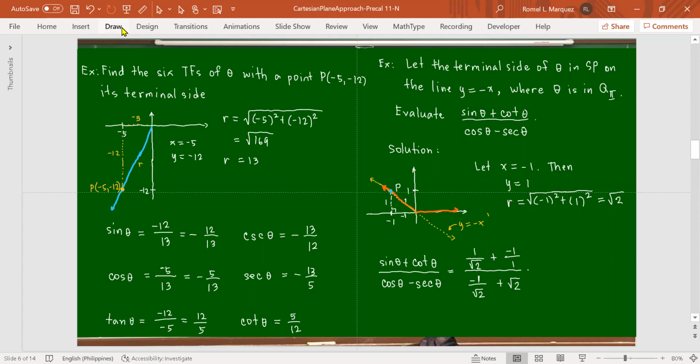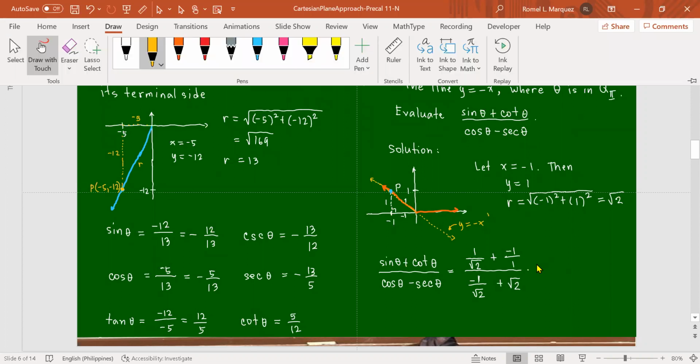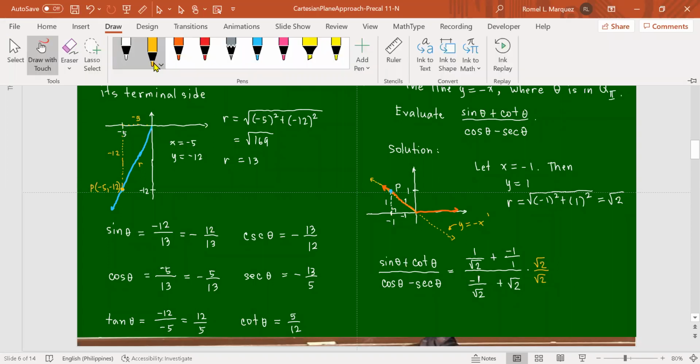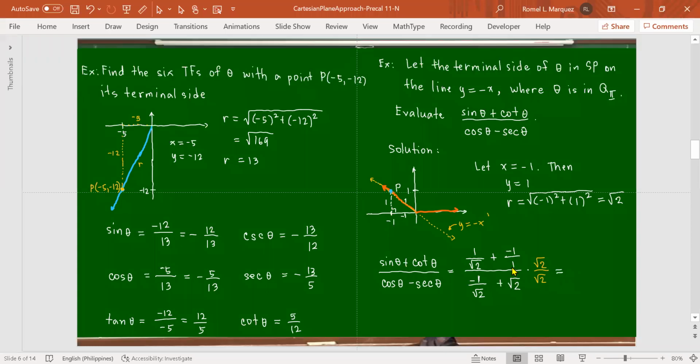We multiply by the LCD of all the fractions involved. Multiply by square root of 2 over square root of 2 so that we can easily get rid of the denominator. So this is now 1 minus square root of 2 all over negative 1 plus 2. Correct, guys? So what's now the answer? 1 minus square root of 2. Okay, so that's the answer.